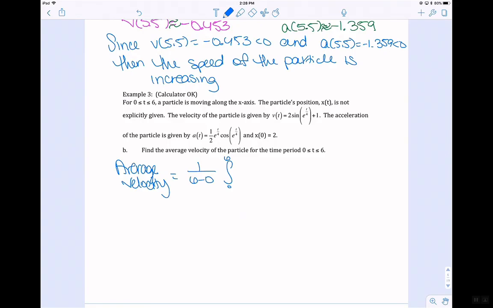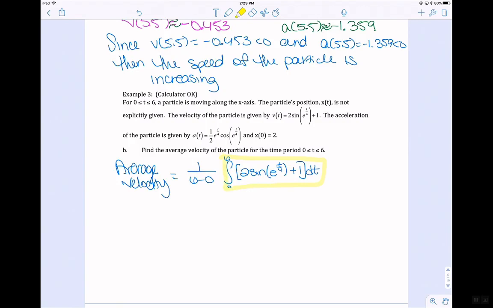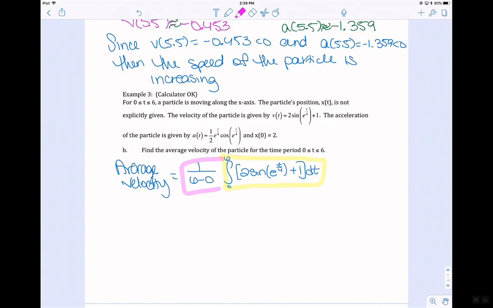Your change in position is defined by the integral from 0 to 6 of your v of t, which is 2 sine(e to the t over 4) plus 1 dt. So the second part represents a change in position, and the first part represents a change in time. And this is the average value theorem that we talked about in a previous section.